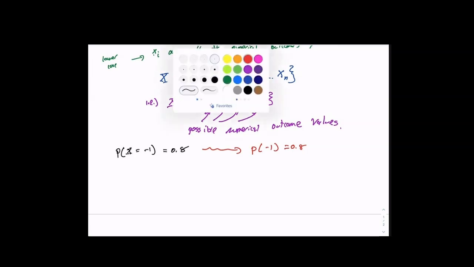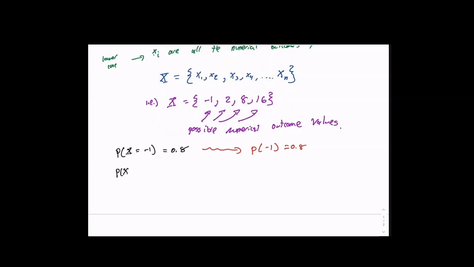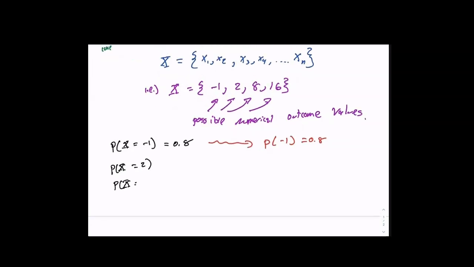We might have the probability that X is 2, and I'm emphasizing the capital letters. The reality is that when you do the work, you might still use lowercase letters, and it's not going to be a biggie. The probability that X is 8, and the probability that X is equal to 16. You might get something like 0.15, 0.04.